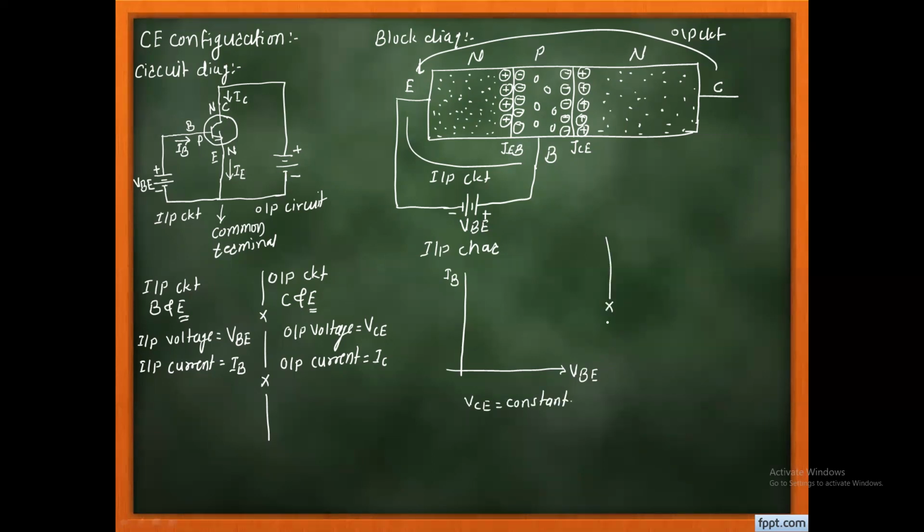Similarly, if I want to draw the output circuit characteristics, they should be drawn between the output circuit voltage, which is VCE, and the output circuit current, which is IC, and for that we have to keep the input circuit current constant.